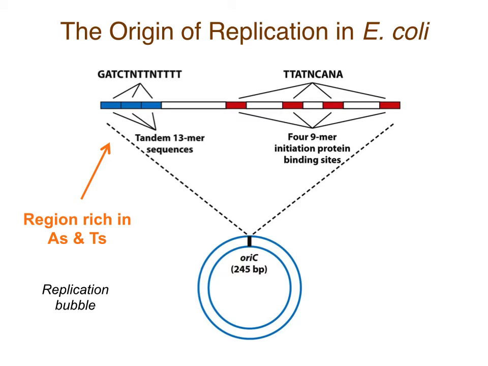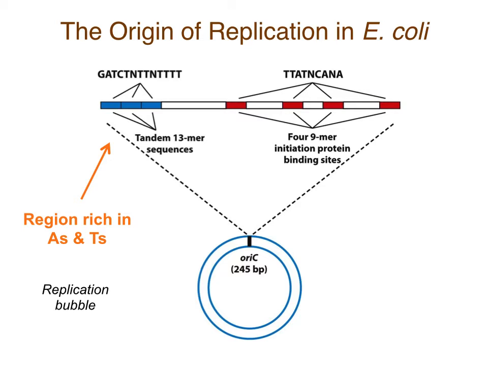You had GACT-TN. Here, N just means nucleotide, so that could be any of the four bases there, and so that position could vary, but then it would be followed by two T's and then another position that could vary, and then four more T's.